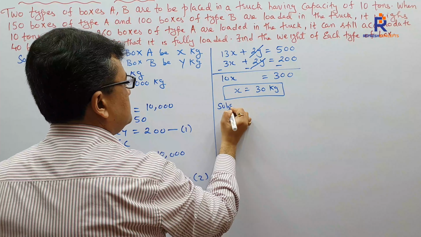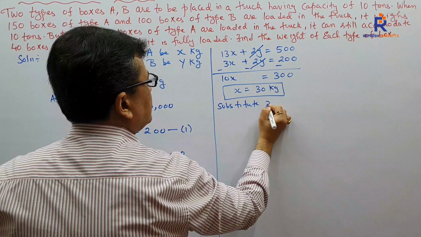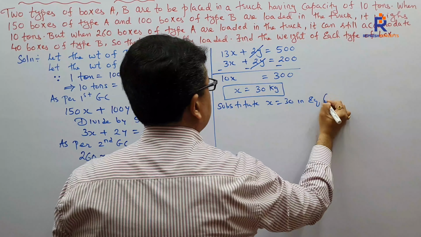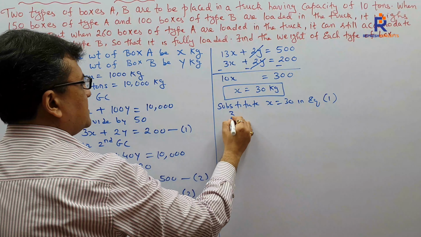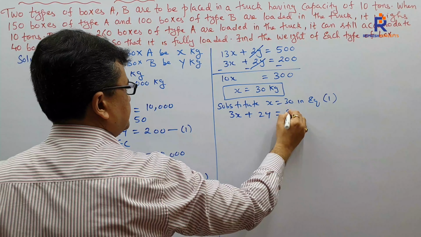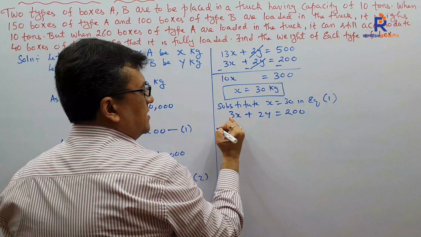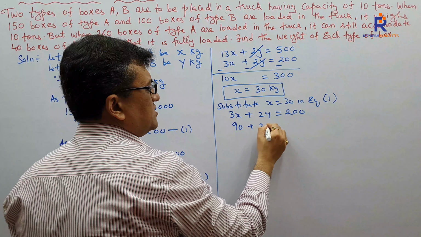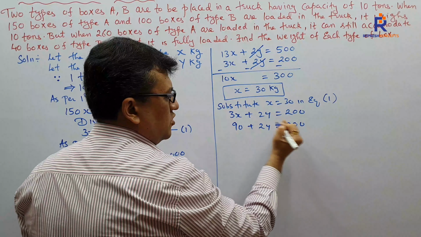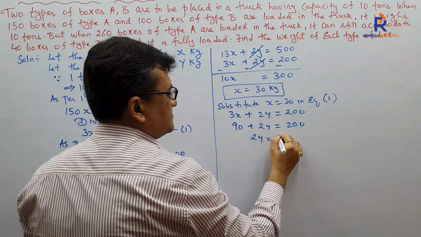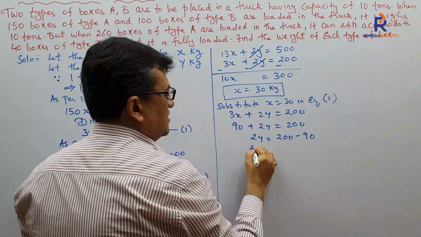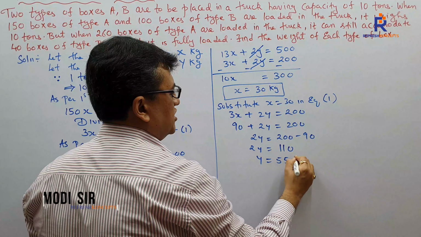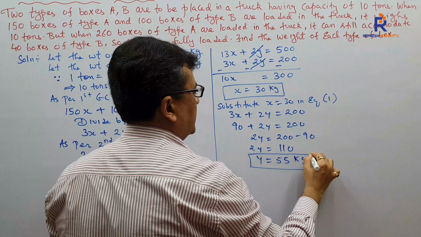Substitute x is equals to 30 in equation 1. Equation 1: 3x plus 2y is 200. 3 into 30 is 90, plus 2y is 200. 90 goes there, 2y is 110. y is 55 kg.